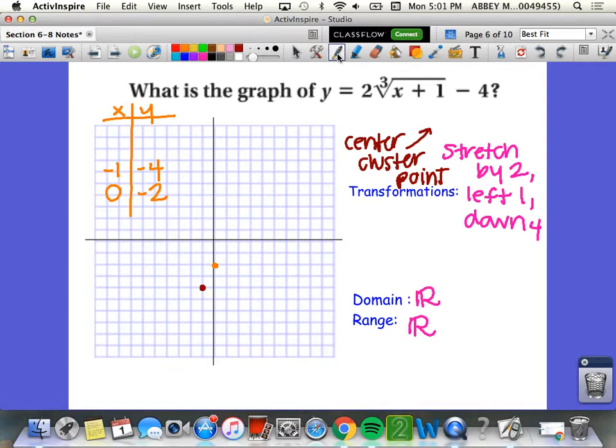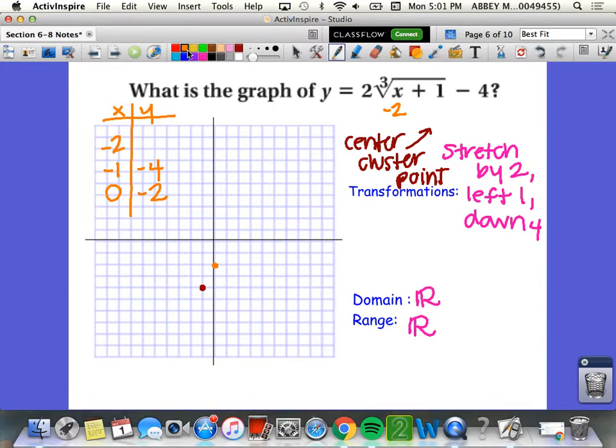What would be another good value that we could plug in? Let's think. Can we make the inside go to negative 1? Yeah, we can make the inside go to negative 1. How could that happen? I would have to plug in a negative 2. So I'm going to add negative 2 to my list. Okay.